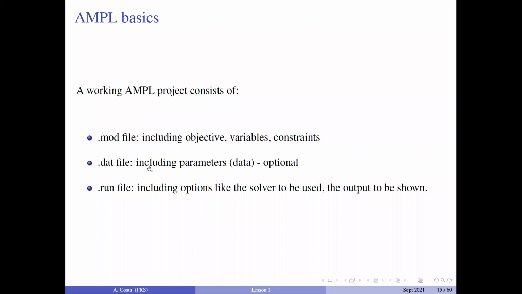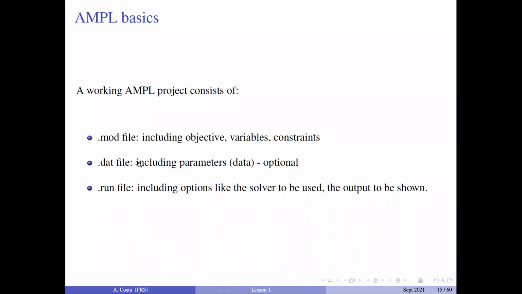So why did I say data file is optional? Because the data, so the numbers of your problem, can also be directly included in the mod file. So why then is there this option? Because sometimes you may have the same problem with different input data. So instead of writing a different mod file for the different input, you just write the mod file once, and all your different instances will just be different data files.